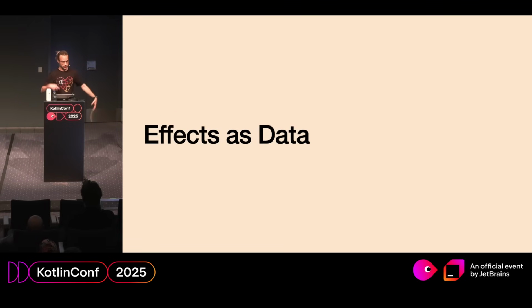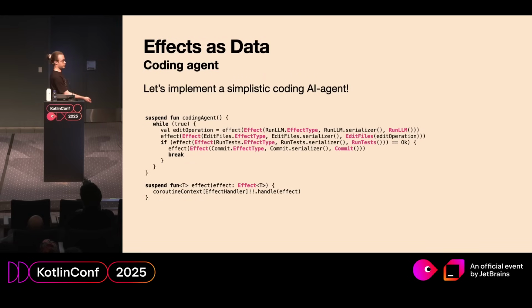So if we are, for example, to implement something like a coding agent, a very simplistic one, it runs a while loop and tries to fix tests. We could call the LLM, get some edit, apply the edit, and then we run tests, and if it succeeds, we commit. It's not that simple, but in our example, that is very useful.